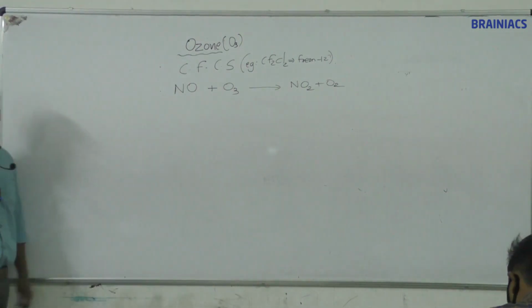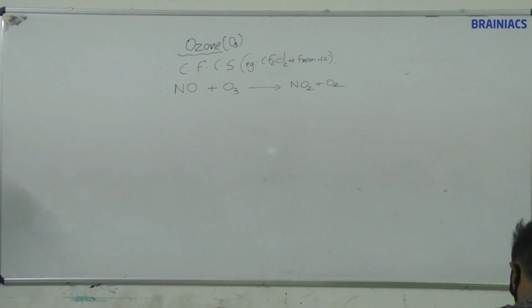NO can rapidly combine with ozone. That is, NO plus O3 gives NO2 plus O2.